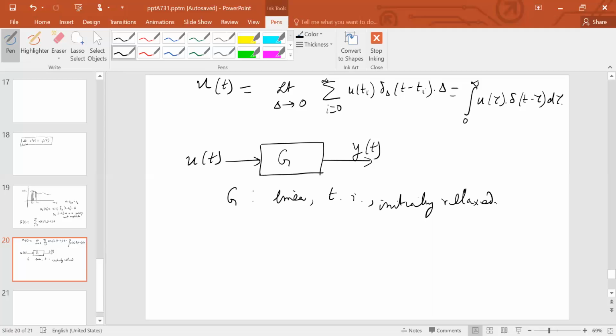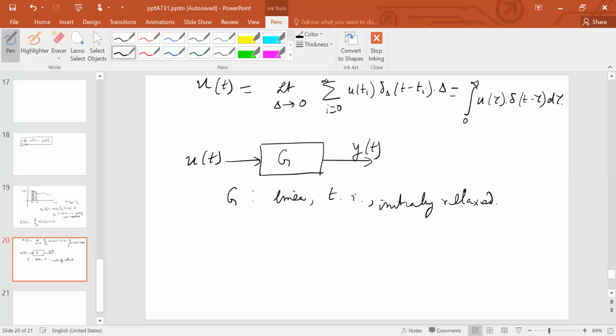What I mean by initially relaxed is that whatever you choose as your frame of reference, that is 0, before t is equal to 0 the value of this is 0. So all the initial conditions of your system are 0. So these are the assumptions we make: linearity, time invariance, and initially relaxed.